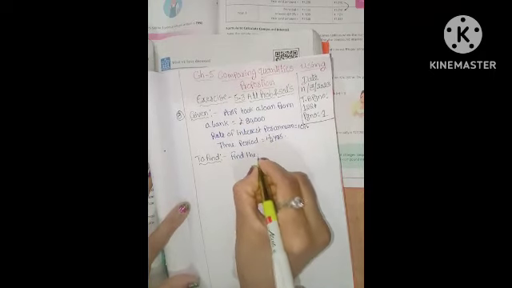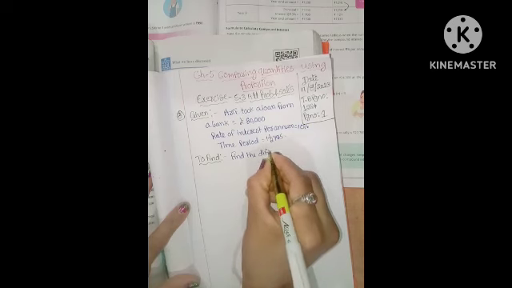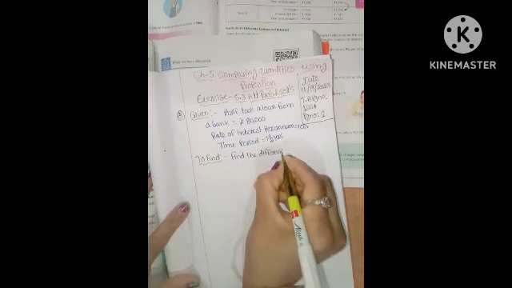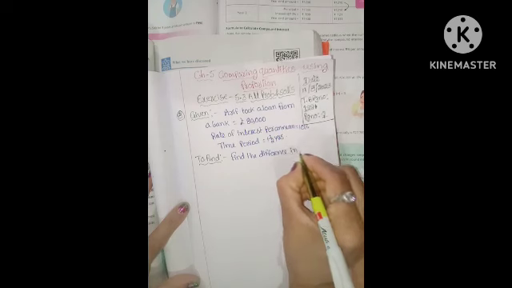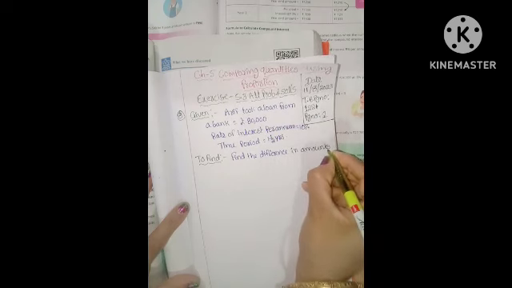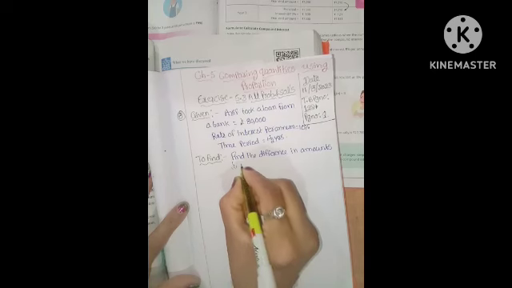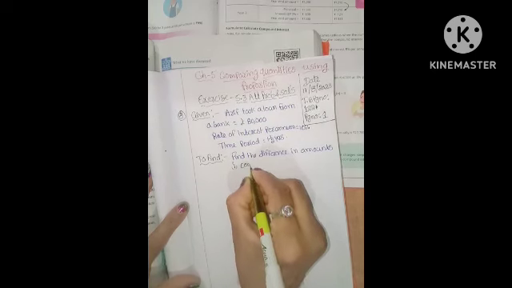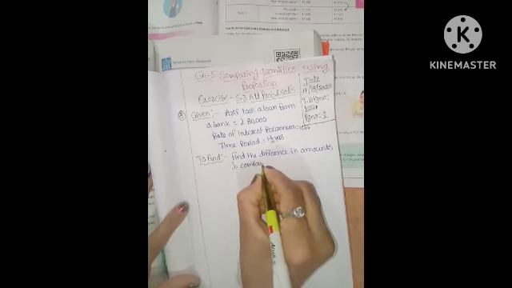How to find the difference in amounts? What are the amounts? The first one is compounded annually.